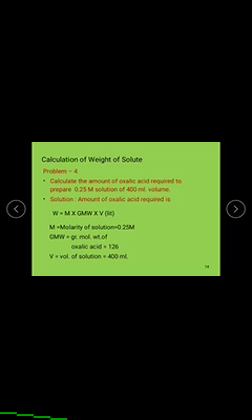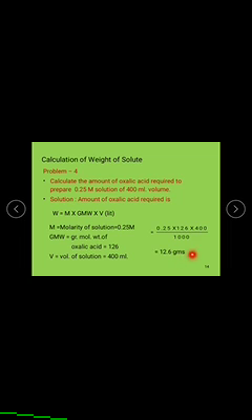The molarity is 0.25 M, the gram molecular weight of oxalic acid is 126, and the volume is 400 ml. Substituting, with the volume in milliliters divided by 1000, W = 0.25 × 126 × 400/1000.